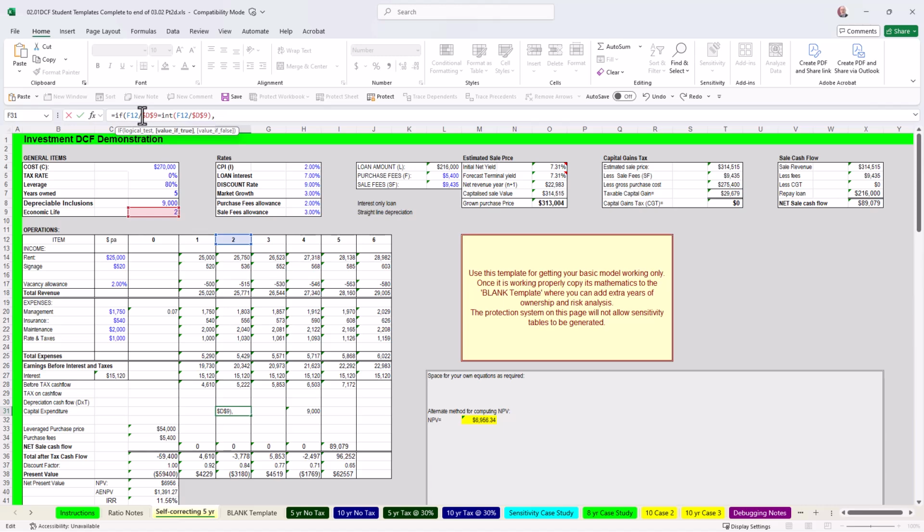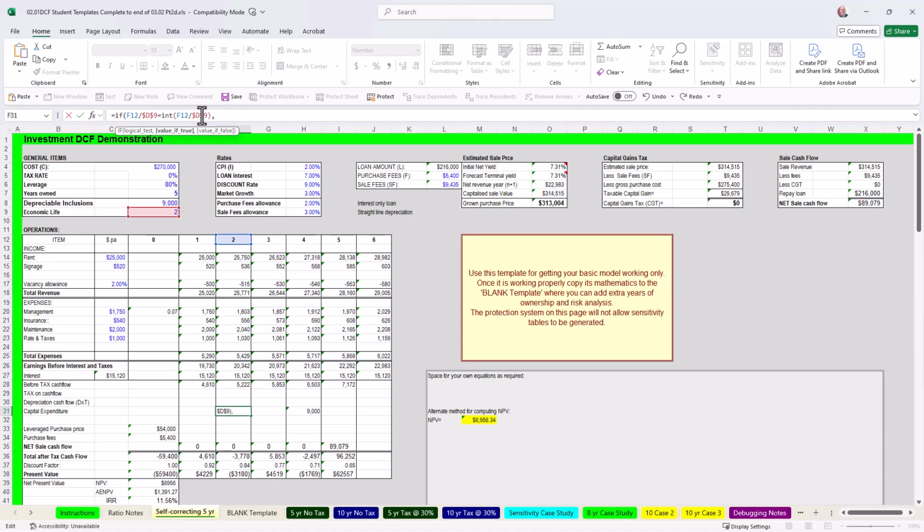Is F12 divided by D9 equal to F12 divided by E9 and just looking at the integer part? So if that's got a bit of decimal to it, a fraction added to it, it's not a whole number, then this will not be equal.